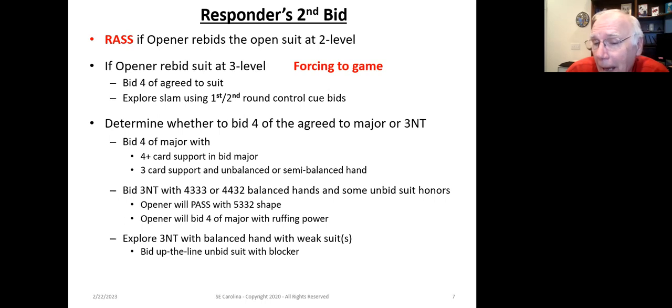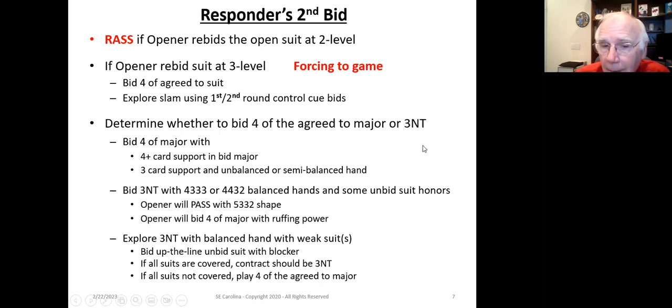Now if the responder had a blocker in spades and in clubs and in diamonds, then they could bid 3 no trump, because they know they've got enough for game. If they don't, and let's assume in this example they don't have a blocker in clubs but they do in diamonds, they're going to skip the suit where there isn't a blocker and bid up the line.